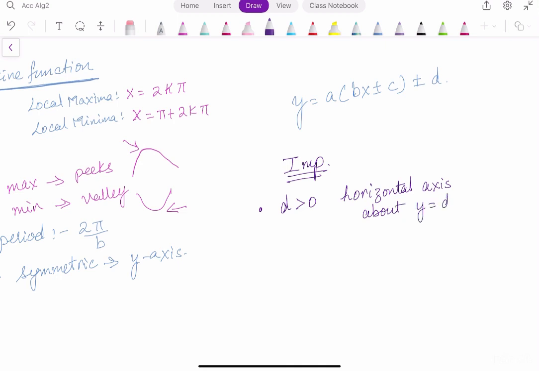So horizontal axis y is equal to d, that means it is above the x-axis. If d is less than 0, then that means from the original x-axis we are creating another x-axis that is below. So horizontal axis y is equal to d will be below the original x-axis.